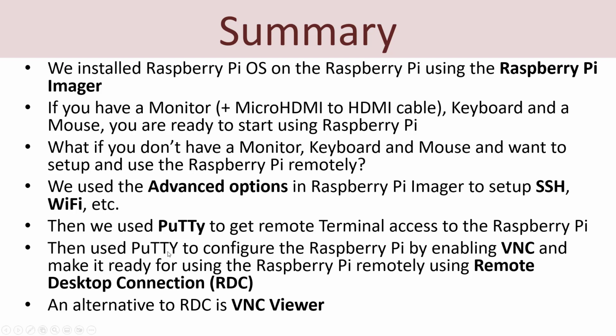Then we use this PuTTy to configure the Raspberry Pi by enabling VNC, because we need to enable VNC in order to remotely get access to the graphical user interface on the Raspberry Pi using this remote desktop connection. And we were also trying and using an alternative to this remote desktop connection called VNC Viewer software.